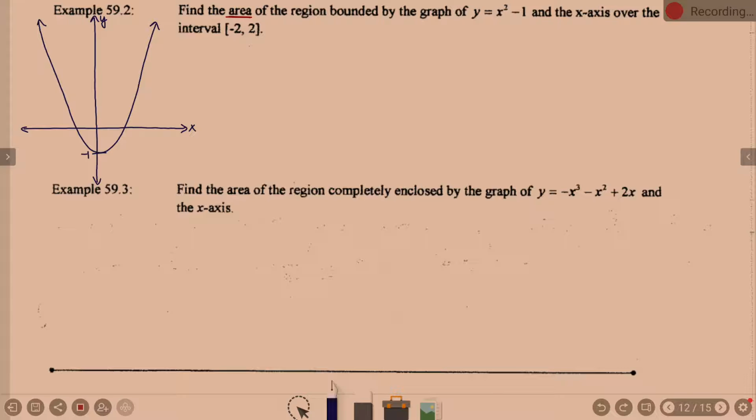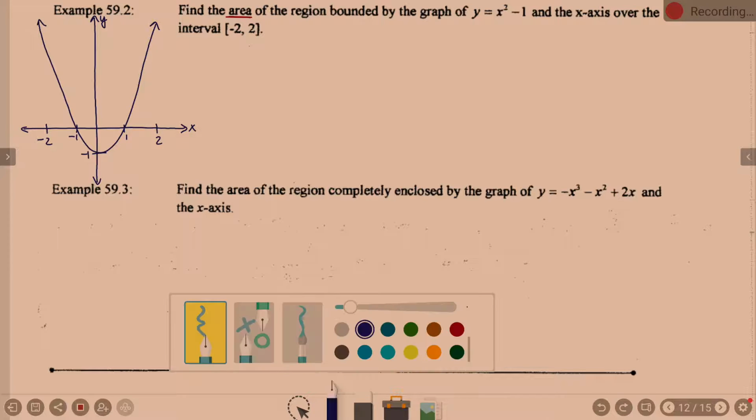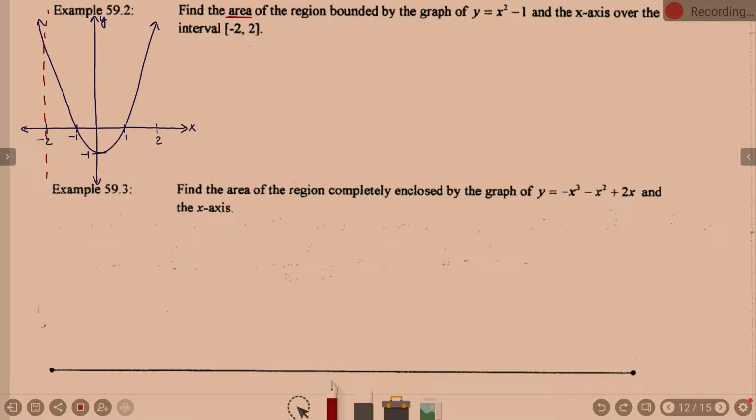So that means this first pair is going to be at 1 and -1. So that's not the 2, is it? So the 2 is going to be over here. And so we have to look from here to here.